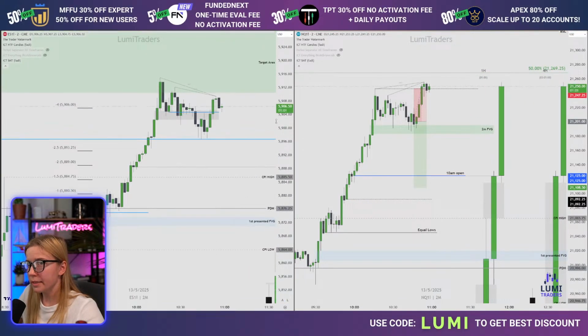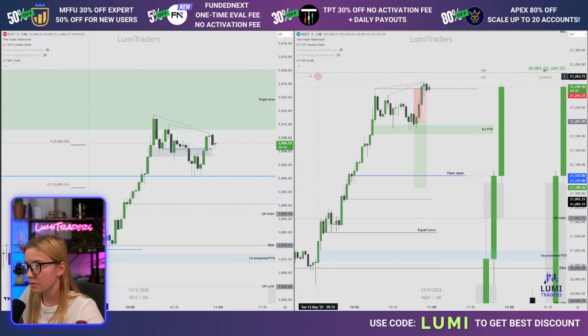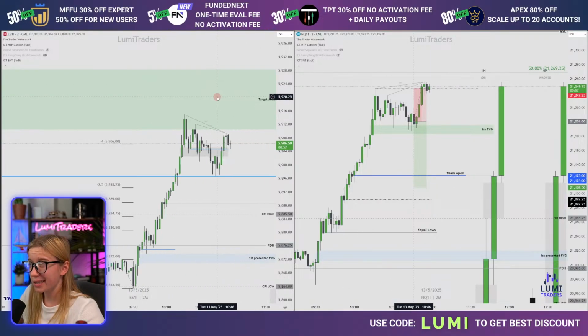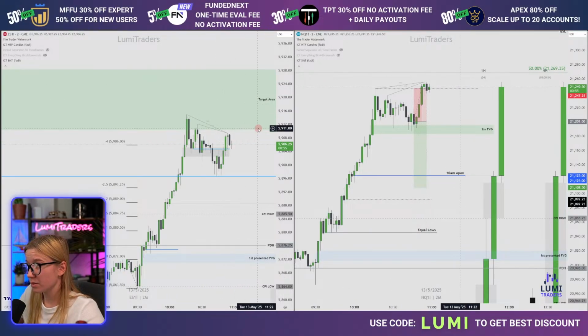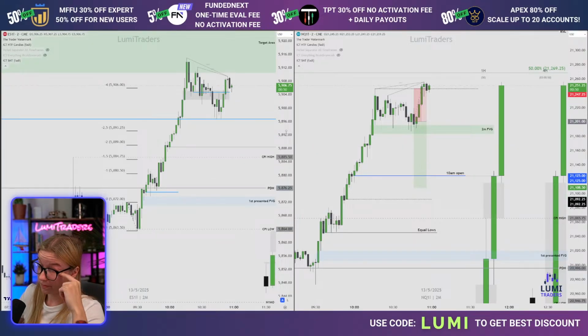So the target area is a range between 2 and 2.5 standard deviation projections based on a high time frame leg. I believe it was the 1 hour leg. It's okay. We're trying to have small losses, big wins.